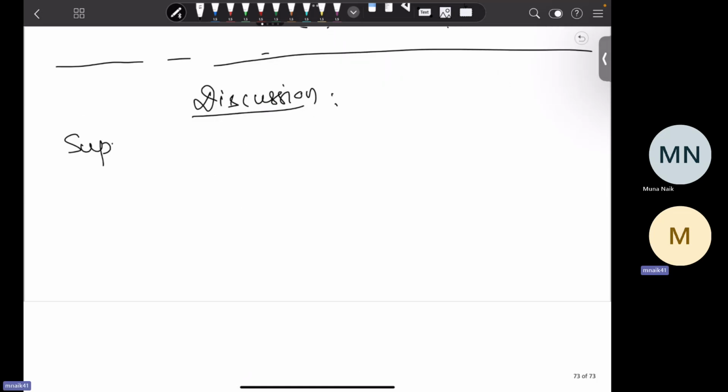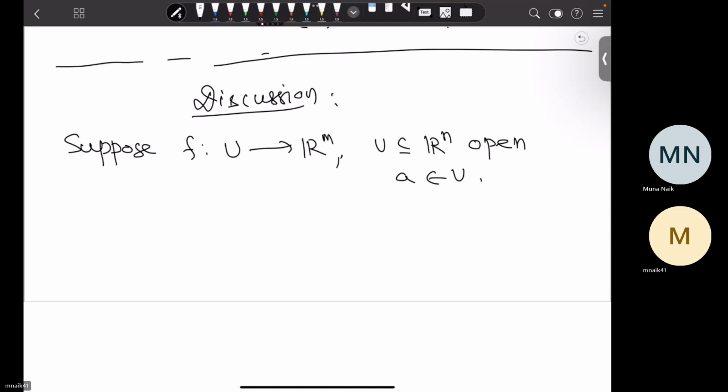Now suppose F is a function from U to Rm, U a subset of Rn open, and a belongs to U. Suppose F is differentiable at a. So what is the matrix representation of F prime of a?